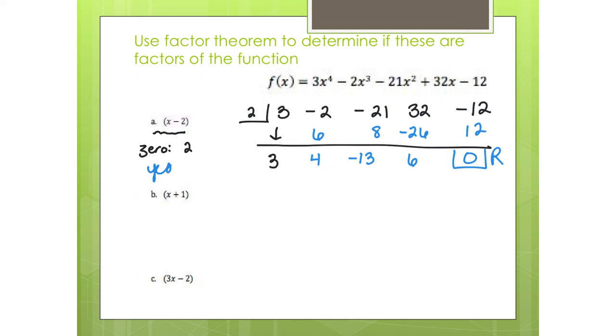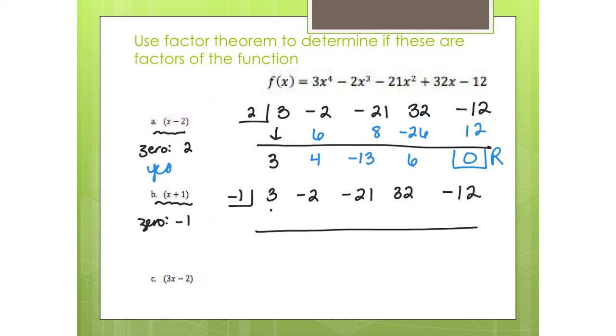Let's look at the second one. The factor is x plus 1, which means the 0 is negative 1. Now let's check.